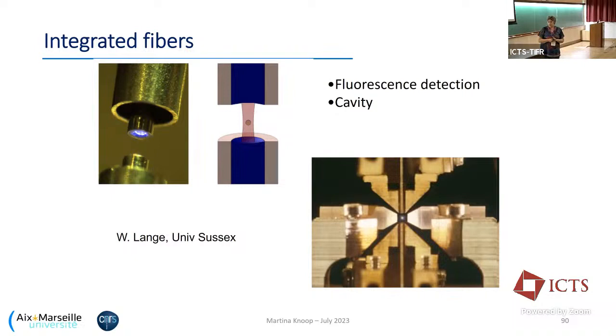So there are people who are making efforts to bring the optics into these microstructures also, to come in with fibers, for example, bring in lasers, doing the observation directly close to the ions on these chips. So in order to come closer to an integrated system and to be really much closer to the ions on the chip, and to try to reduce what we call the physics package of these setups.